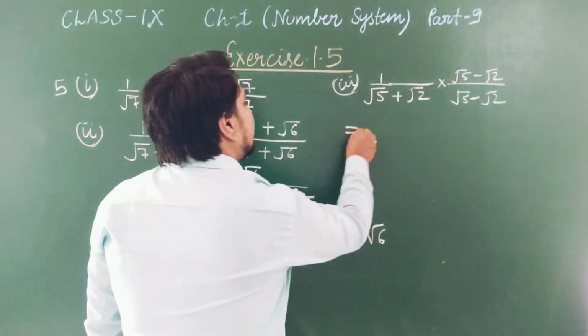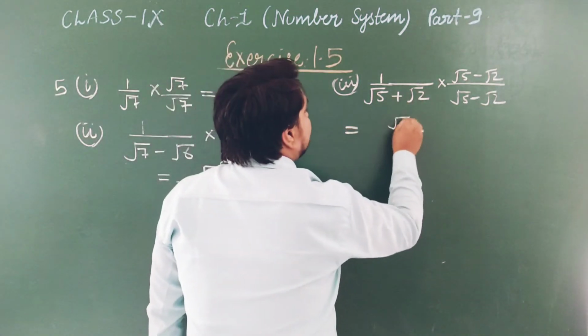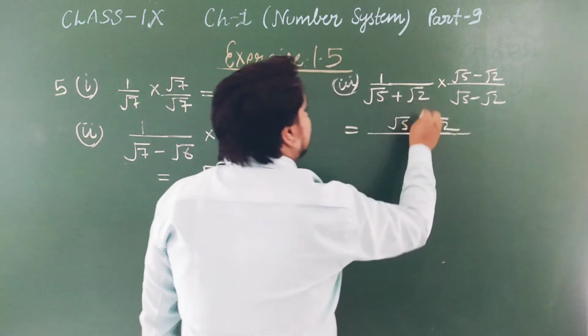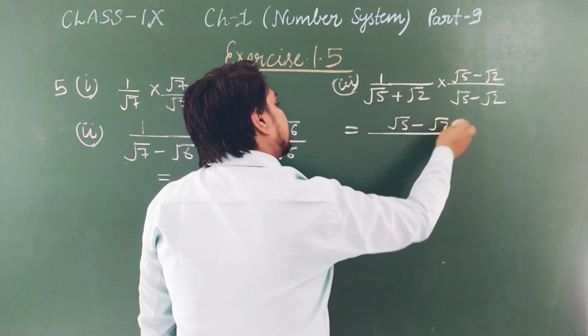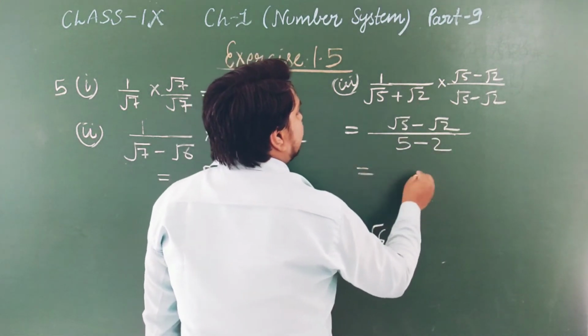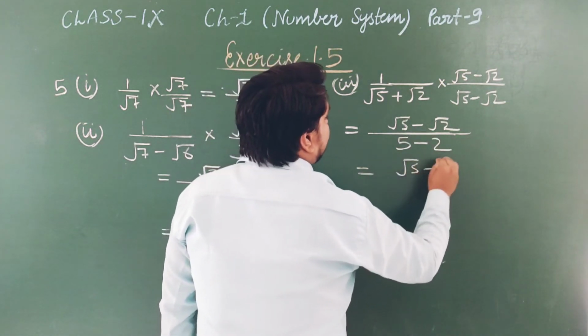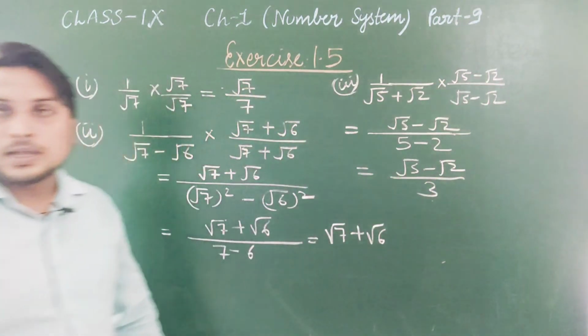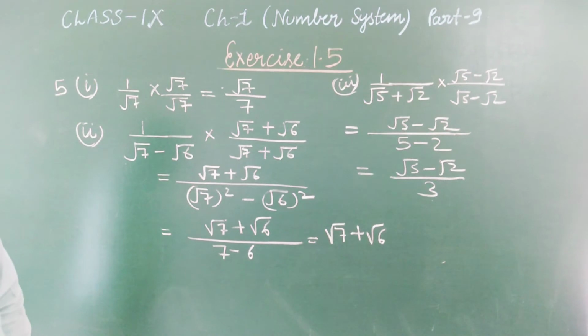Let us see the whole question. It is (under root 5 minus under root 2) in the numerator, and in the denominator it is (a plus b)(a minus b), that is under root 5 square minus under root 2 square, which is 5 minus 2, that is 3. So the answer is (under root 5 minus under root 2) upon 3.